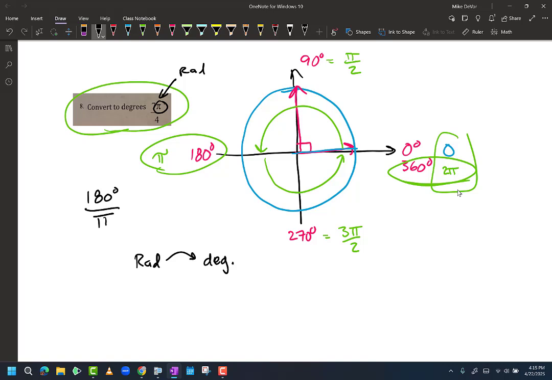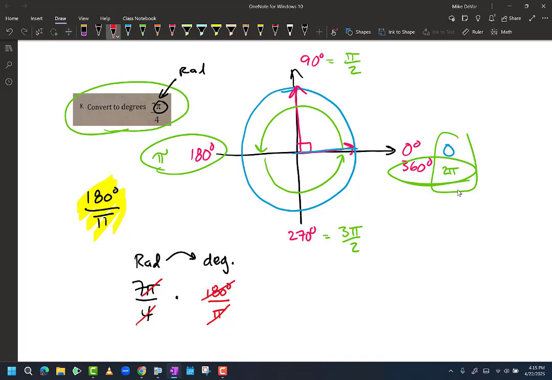So I have my 7 pi over 4 radians, and I'm going to multiply it by a conversion factor. This is the one I'm going to use: 180 degrees over pi. The pi's are going to cancel. You can simplify it any way you want.